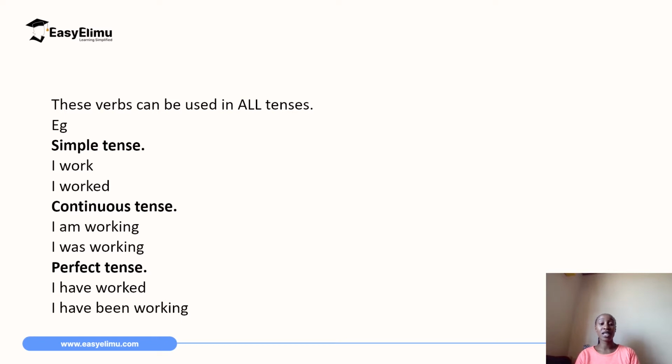In the continuous tense, I am working. That is the present, or in the past, I was working. And lastly, in the perfect tense, I have worked, or I have been working. So work here is the action verb, and as you can see, it can be used in all these tenses and still make grammatical sense.